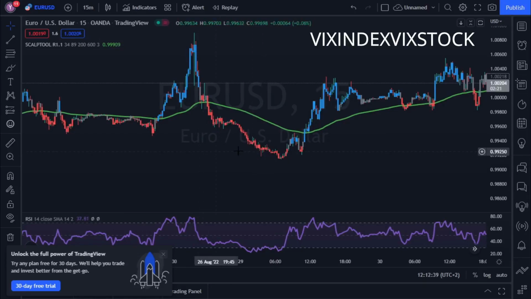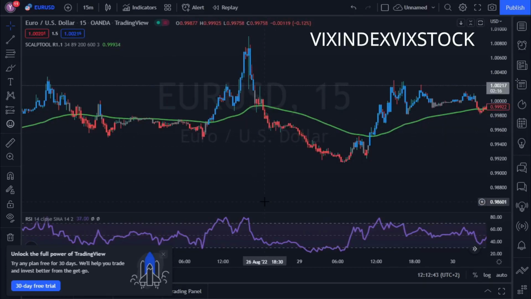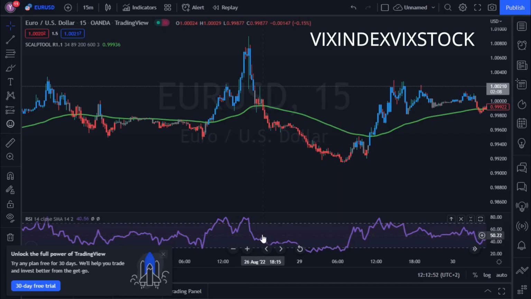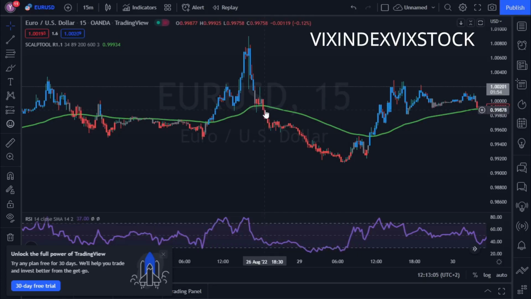Now, what we are going to watch out for is we want our RSI to be below our middle line. Once it does that, we are going to wait for our price to catch up, and it's going to drop below our green moving average there, and the candle needs to be red. And we are going to take a sell order.